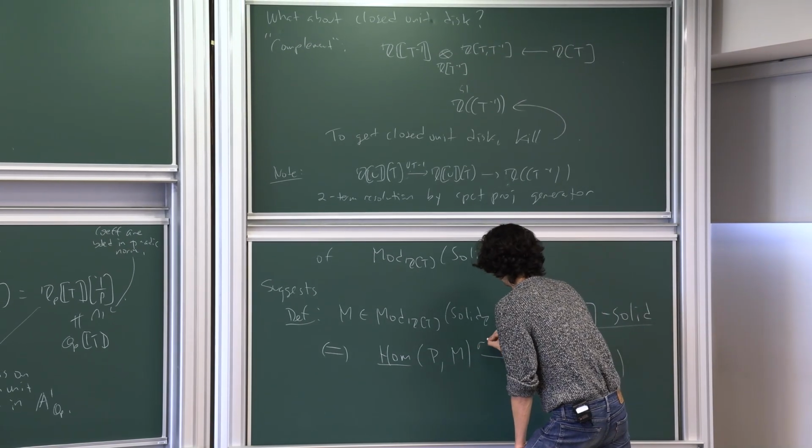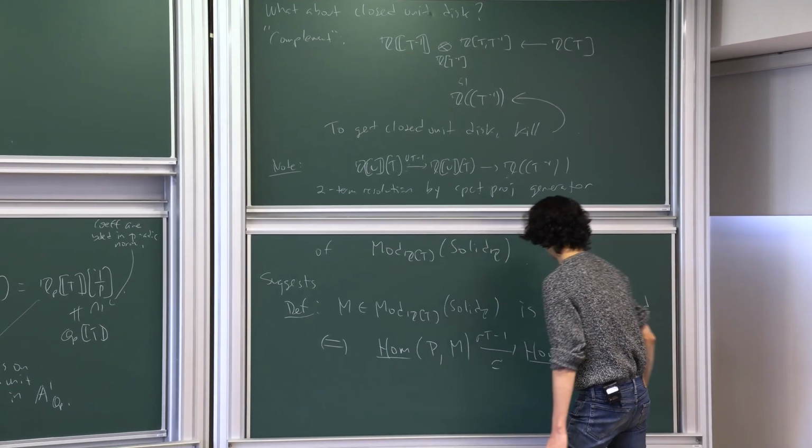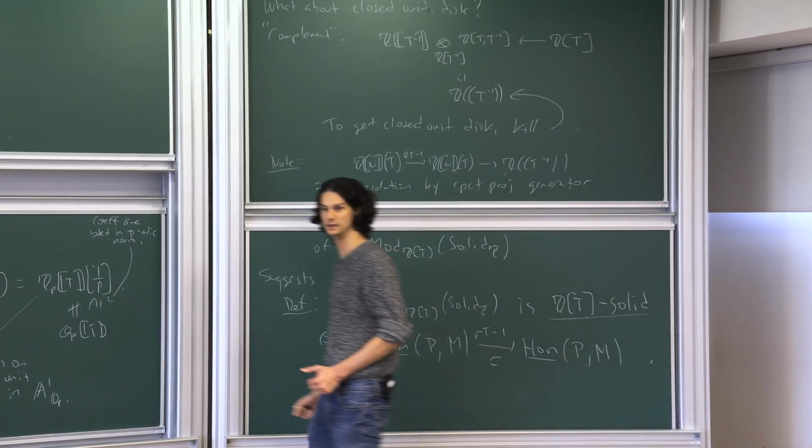So we have shift times T minus 1. We want this map to be an isomorphism.